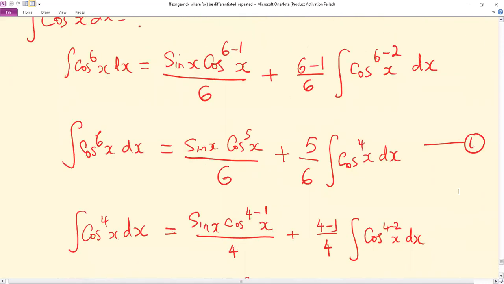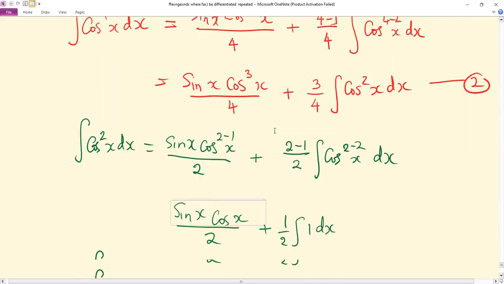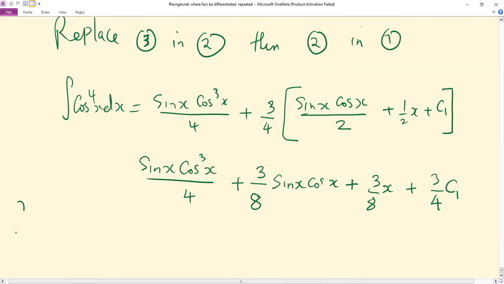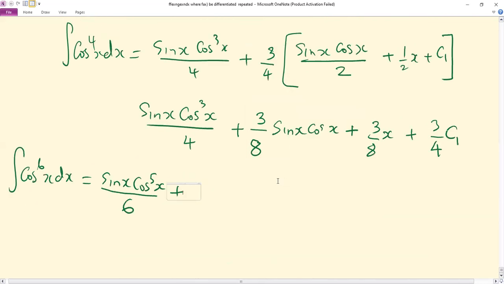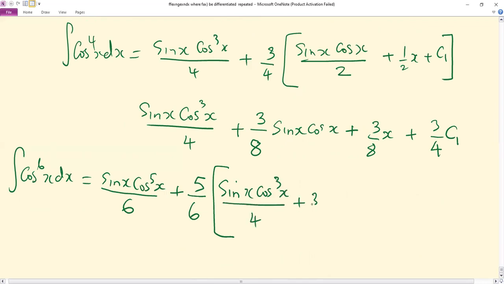Now this is what we replace in equation 1. In equation 1 we had sine x cos power 5 x over 6 plus 5 over 6, and then you replace this new expression here: sine x cos cubed x over 4 plus 3 over 8 sine x cos x plus 3 over 8 x plus 3 over 4 c1.